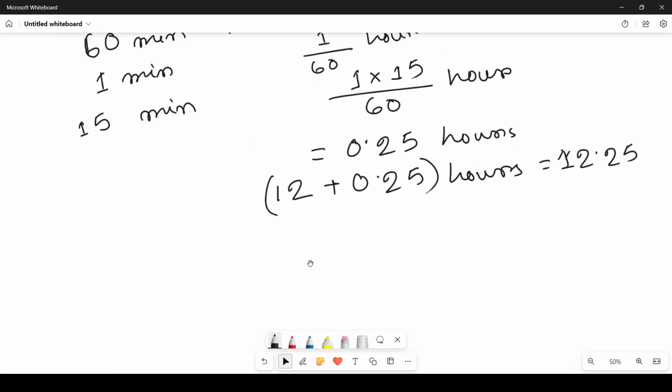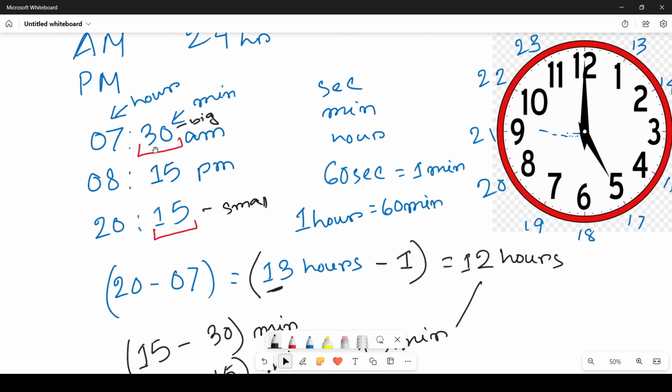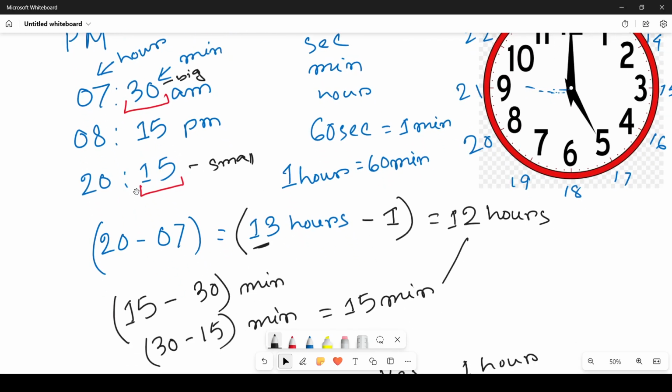But when a person has started a work, if the amount of minutes in the starting time is smaller than the amount of minutes in the end time, then you really do not need to subtract 1.